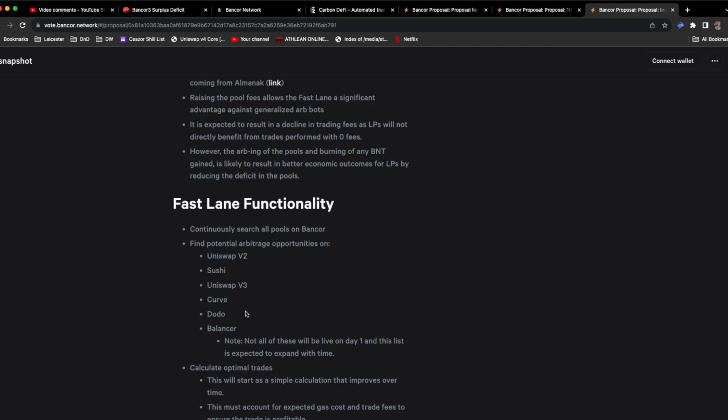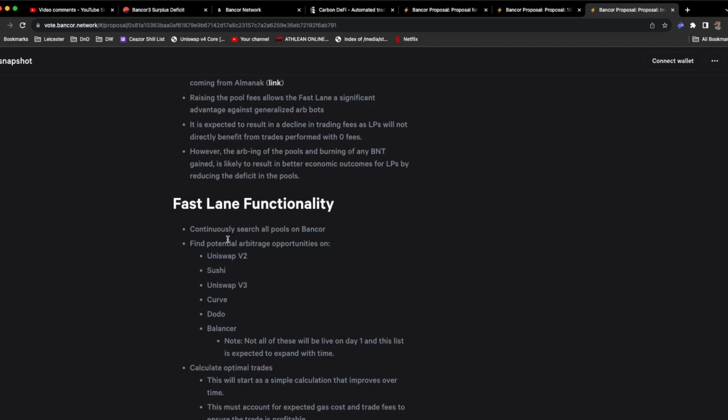If you see an arbitrage opportunity, you can execute it through this bot, and it'll take care of the flash loans, the swaps and all that kind of stuff.